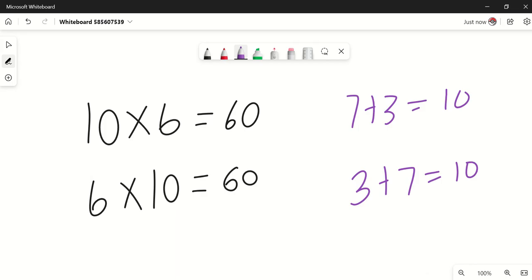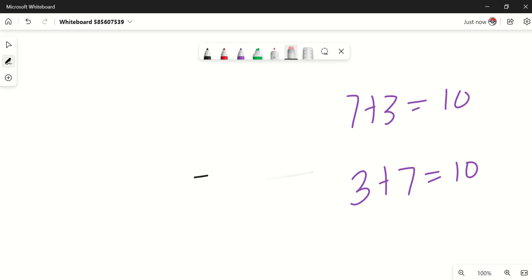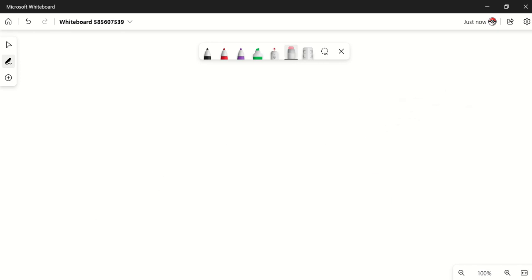So for addition and multiplication, the order of the numbers does not matter. It will still be the exact same answer. And remember, this only happens with multiplication and addition. This does not happen with division or subtraction.